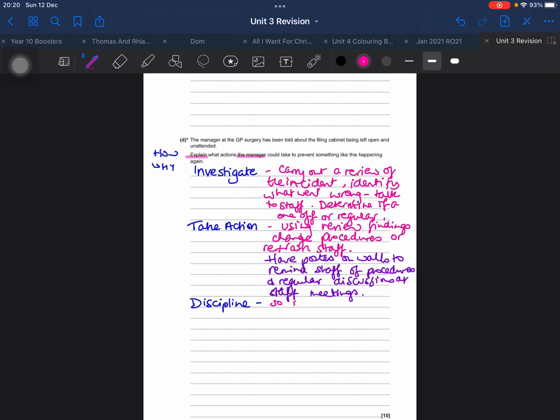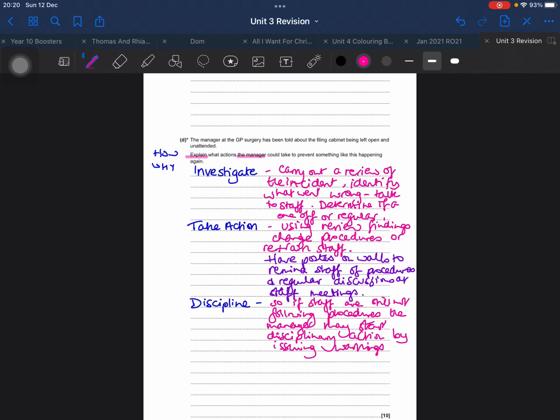So if staff are still not following procedures, the manager may start disciplinary action by issuing warnings and ultimately dismissal if failed to comply.